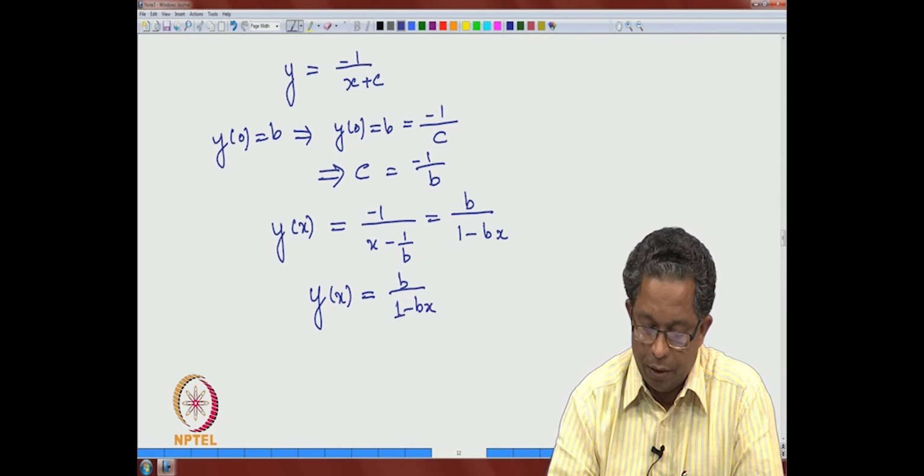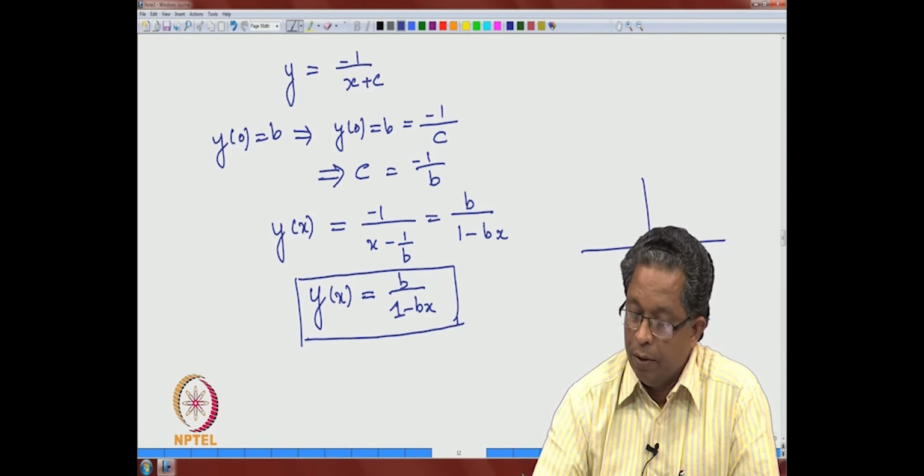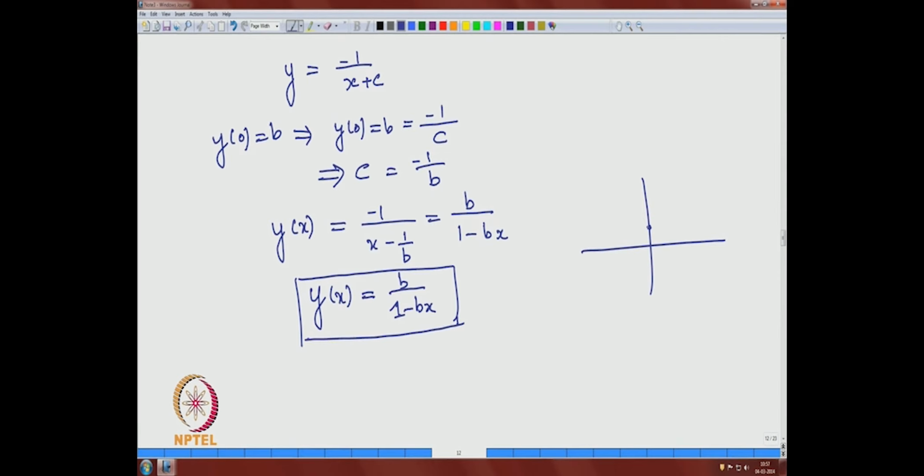So, look at the solution. Starting from 0, b, as you increase x, if x is equal to 1 by b, then the solution blows up.